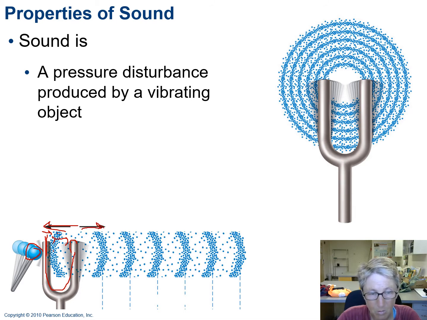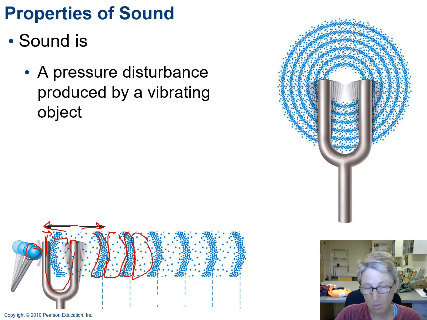So basically this tuning fork is moving back and forth, and you have areas where the molecules in the air are compressed. This is called compression, and where they're spaced out is rarefaction. So sound waves travel compression, rarefaction, and then all these molecules will get compressed again, and then rarefaction.